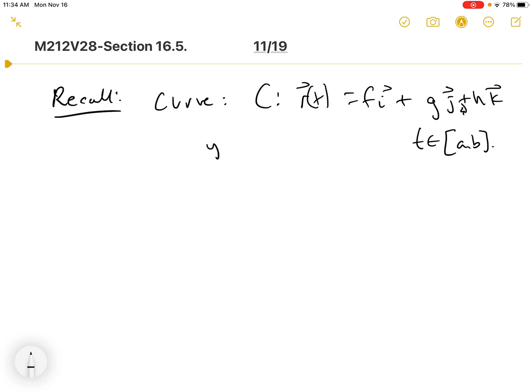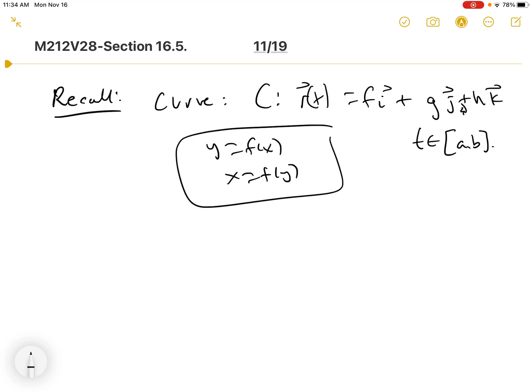And we also have just regular old functions, y equals f of x or x equals f of y. We've also parametrized other things like line segments and stuff like that. But basically there's two ways here. There's an implicit way and an explicit way. One involves parametrization and the other is just explicit functions.